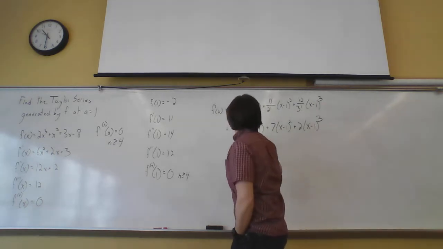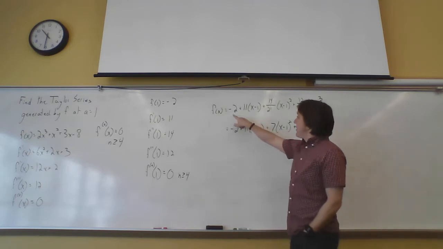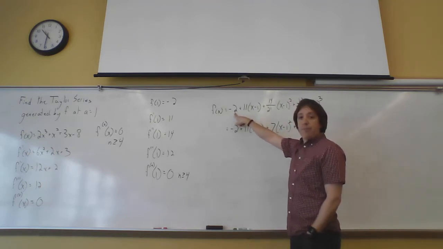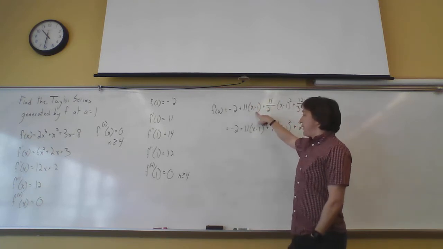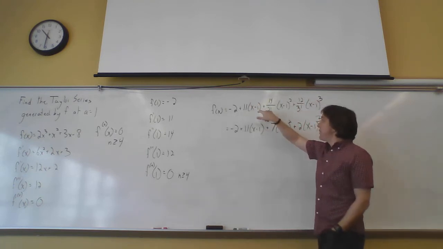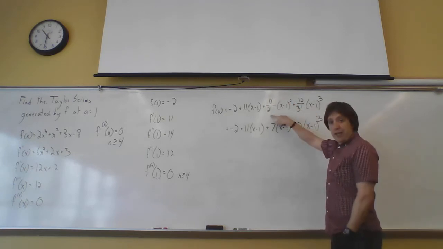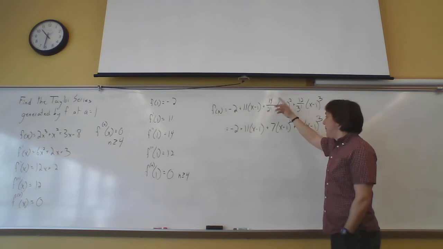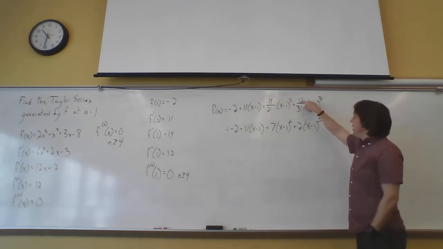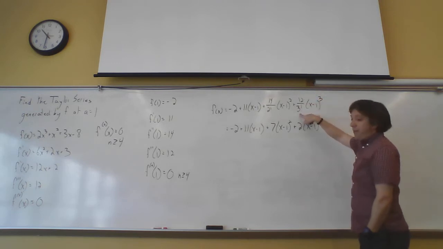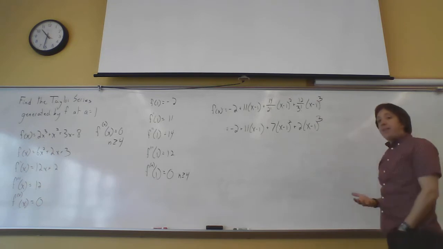So I can put this together as a Taylor series. The Taylor series is just f of 1, so there's my -2, plus f prime of 1 times x minus 1, there's my 11, plus f double prime of 1 over 2 factorial, so that's 14 divided by 2 factorial, you get 7 times x minus 1 squared, and plus f triple prime, 12 over 3 factorial, that gives me 2 times x minus 1 cubed, and after that, everything else is 0.